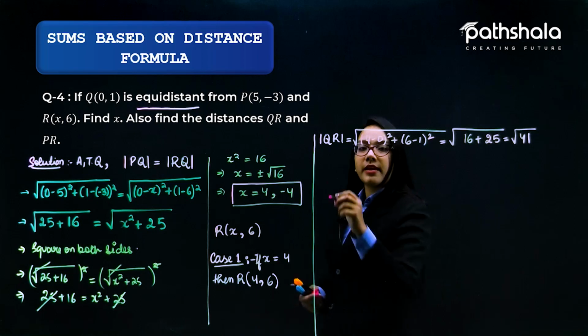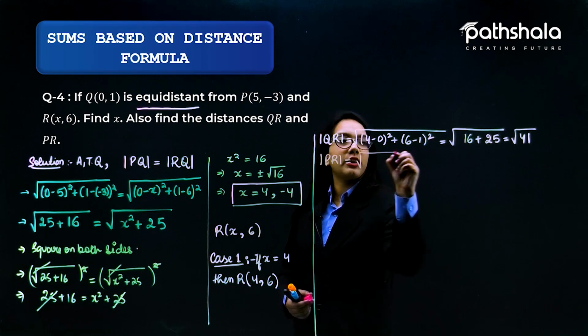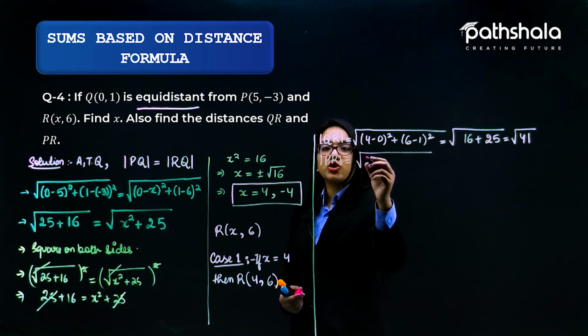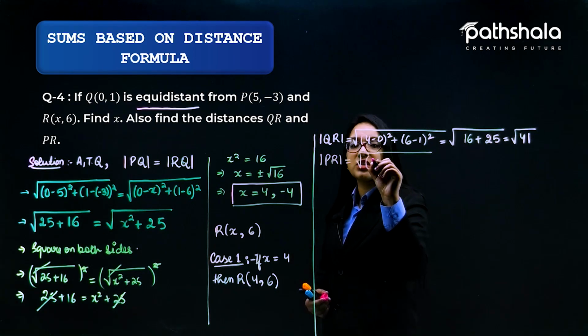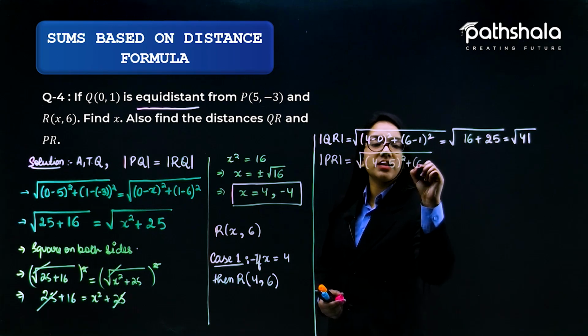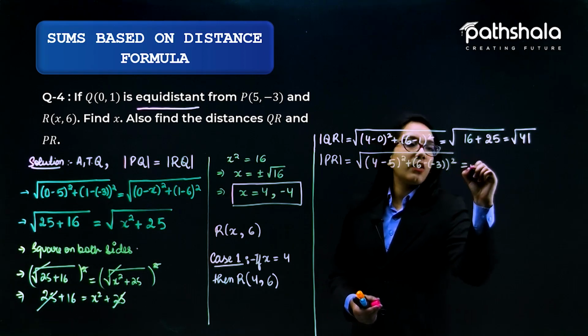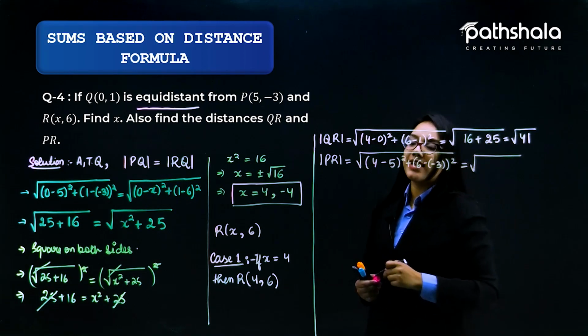In a similar manner, we have to find the distance PR. PR would again be of the form (x2 minus x1) whole square plus (y2 minus y1) whole square. So this is (4 minus 5) whole square plus (6 minus 3) whole square. Here I am taking the coordinates of P as x1, y1.